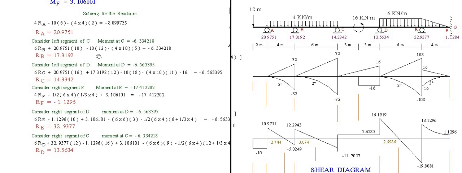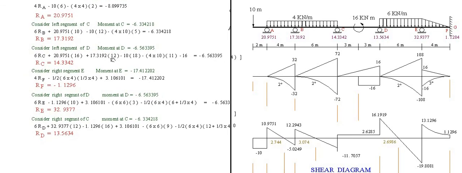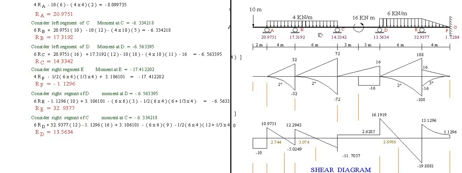Okay, solving for RC. Again we cut section at D, consider only all the forces here or all the moments on the left, equate that to the moment at D as clockwise here. Moment at D is equal to minus 6563395.